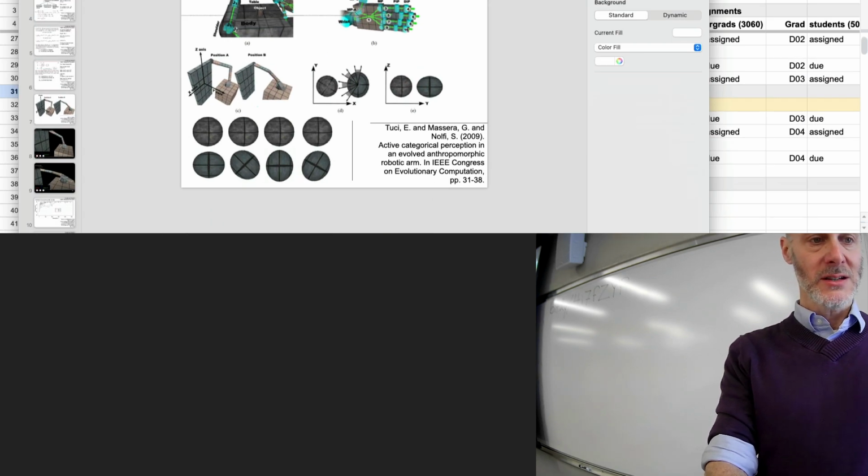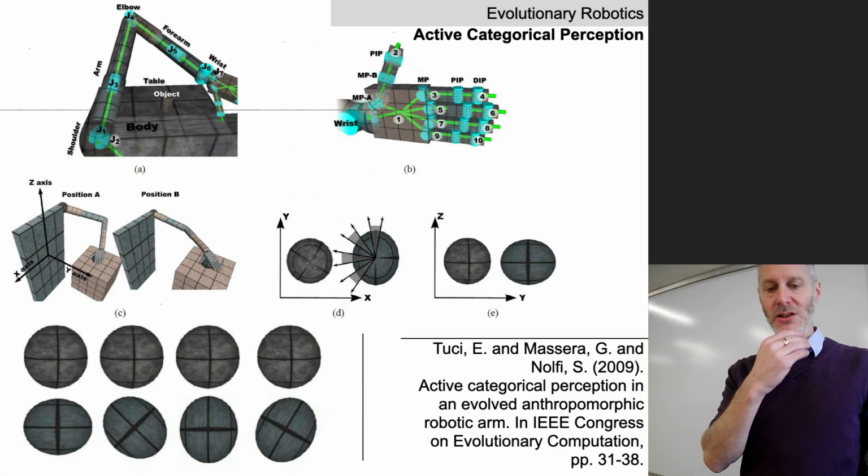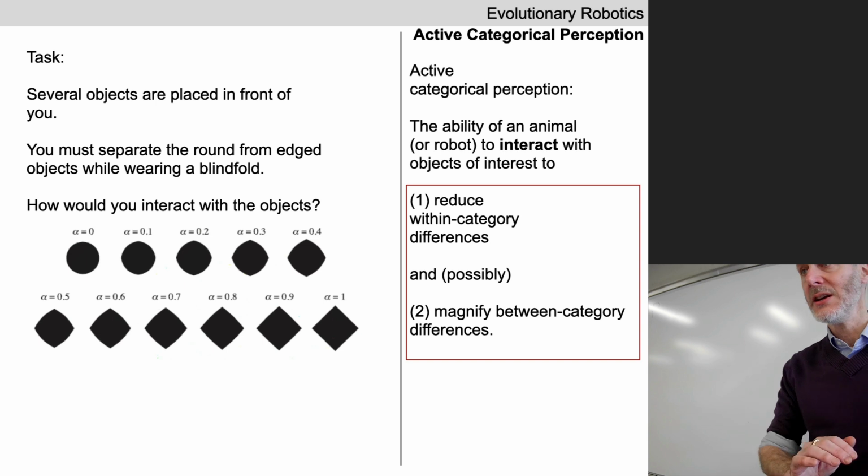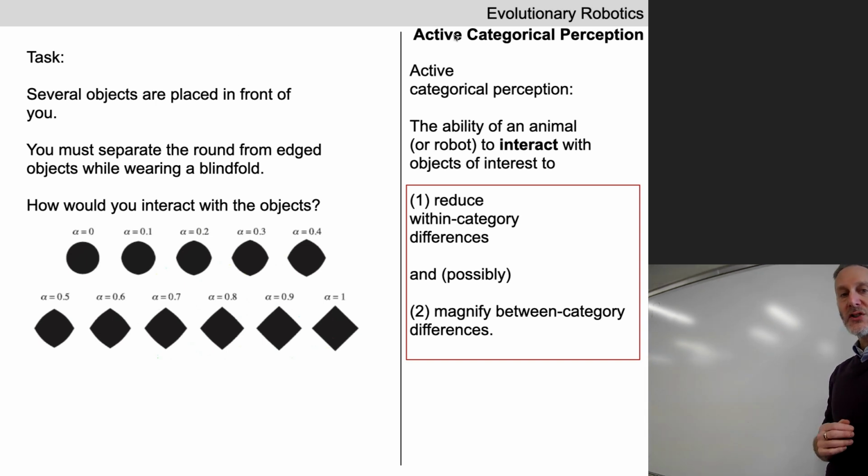Again, since we haven't seen each other for a little while, just to remind you what we're doing, we're looking at a robot that is going to be evolved to solve ACP, where as part of solving ACP, the robot is really solving two subproblems. Reducing within category differences, manipulating objects that may feel similar but that belong to the same class.